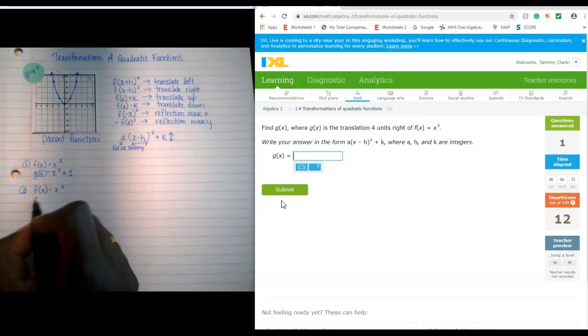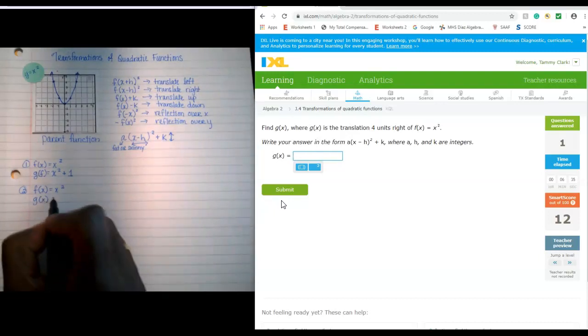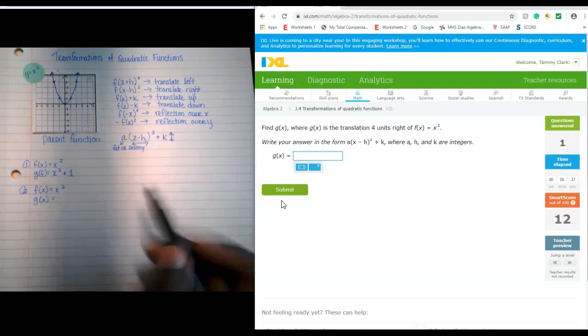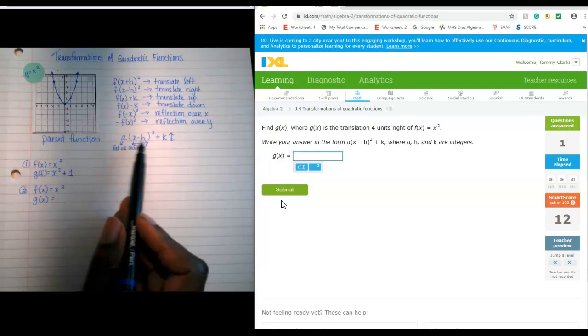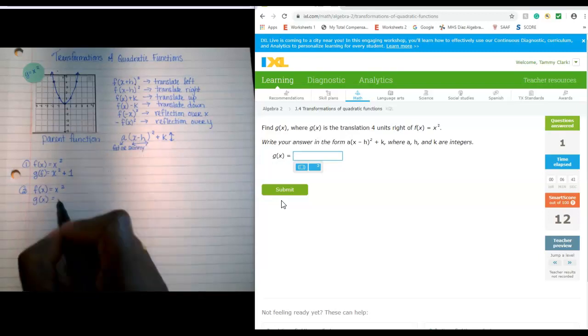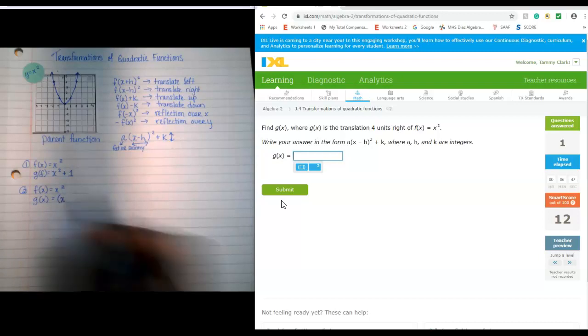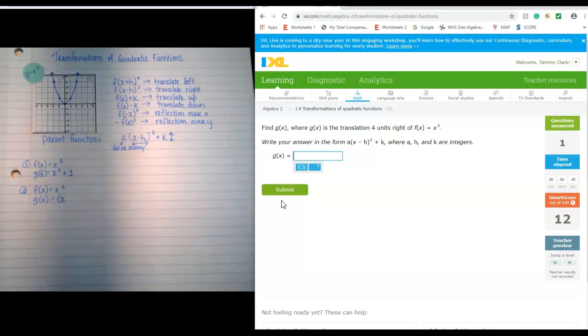And then it says find g of x. And what does it tell us? It says that there's movement left or right. So we know we need some parentheses. Inside of that parentheses, I took my function and it says 4 units right.